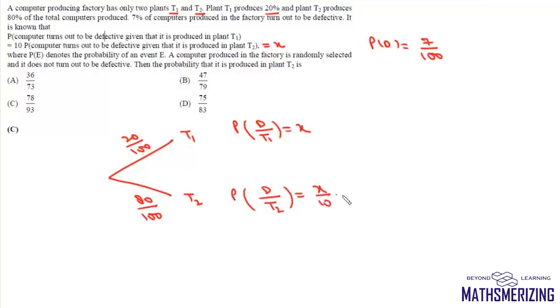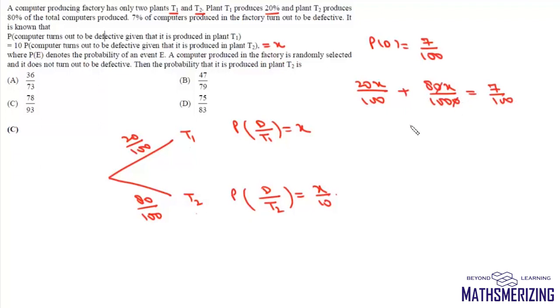So from this given information, first we'll find the value of X. Now the probability of getting defective will be either we get defective from T1 or we get defective from T2. So it will be 20x by 100 plus 80x by 1000, and it will be equal to 7 by 100. Now this will cancel.